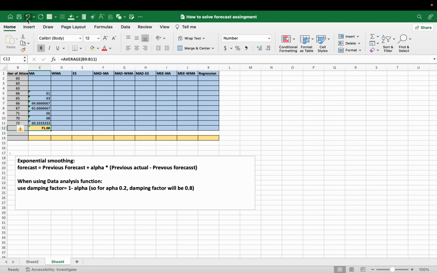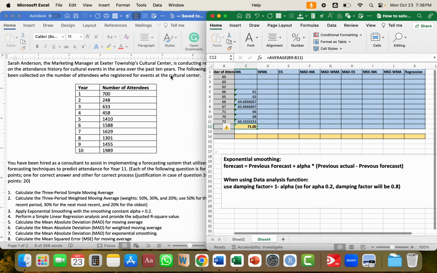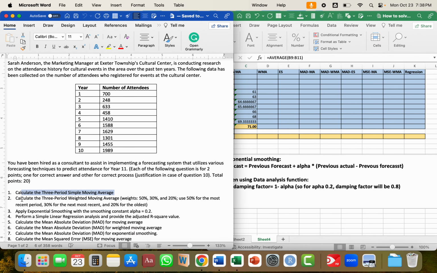And then the next question is the weighted moving average. For the weighted moving average, we have been given these weights: 50%, 30%, and 20%. It says use 50% for the most recent, 30% for the next most recent, and 20% for the oldest one.